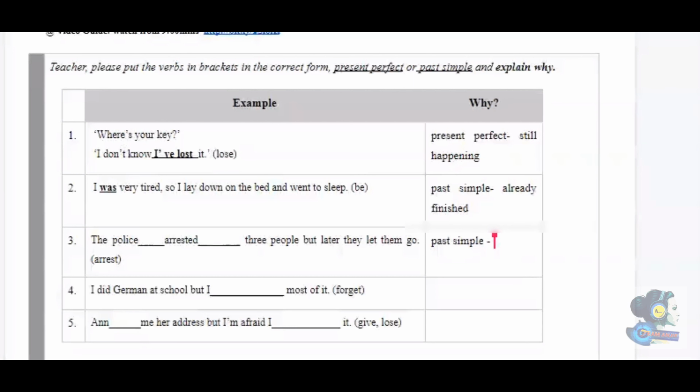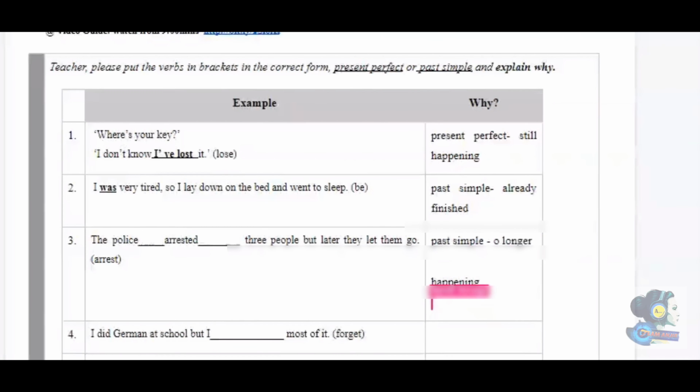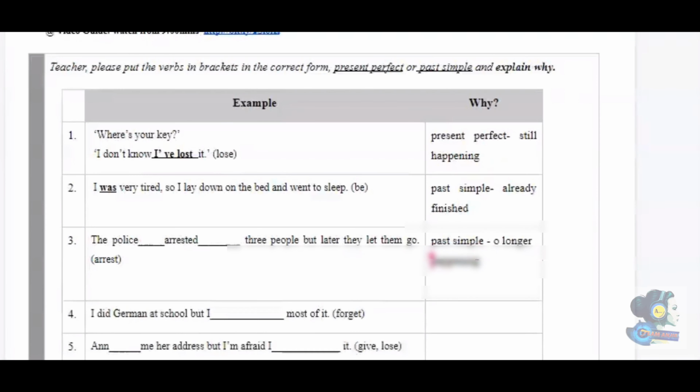And the sentence means that there were three people who were already arrested, but eventually they were released by the police. So this is in past simple. It's no longer happening. Let's proceed to number four.